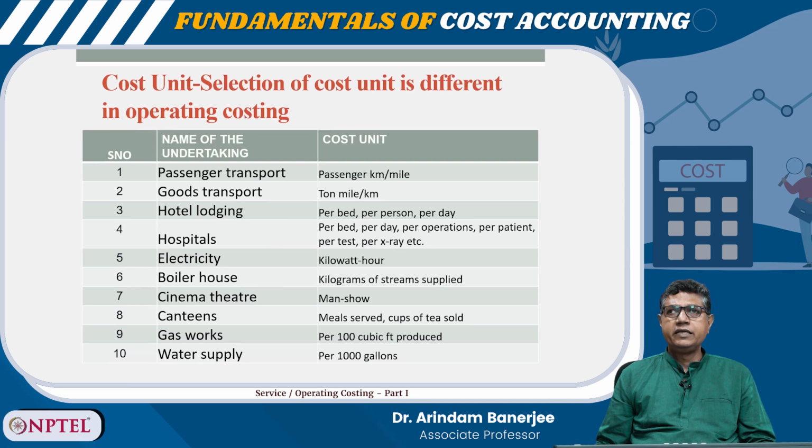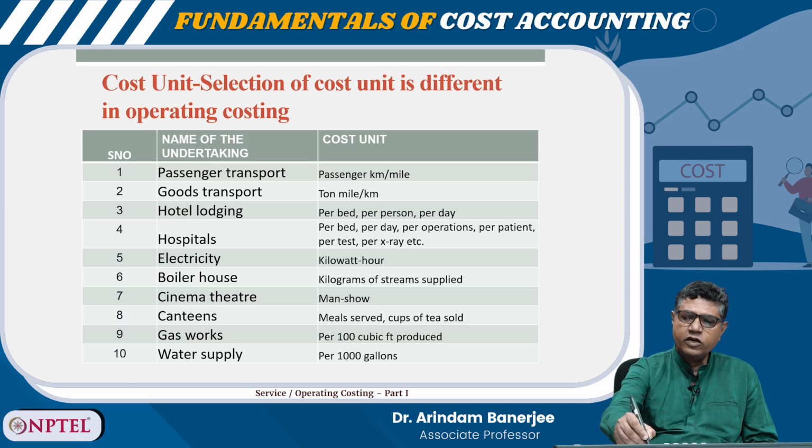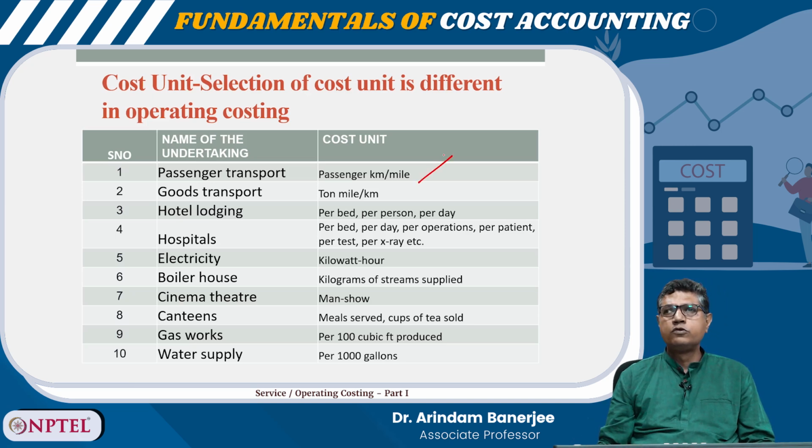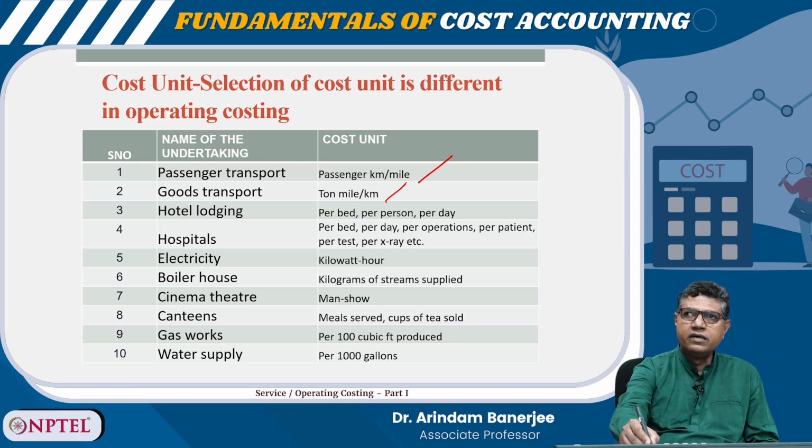In case of cost unit selection, it depends upon the business, upon the industry. Say for example, a company engaged in passenger transport, the cost unit can be passenger kilometer or mile. For goods transport, it may be ton mile or kilometer.